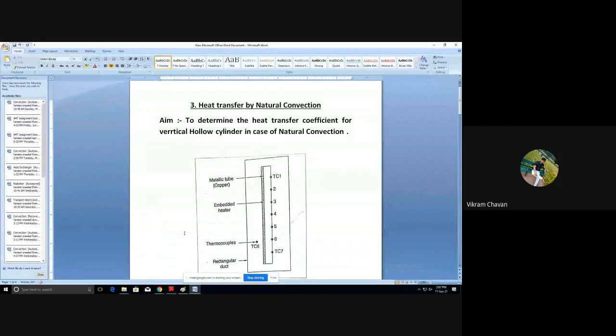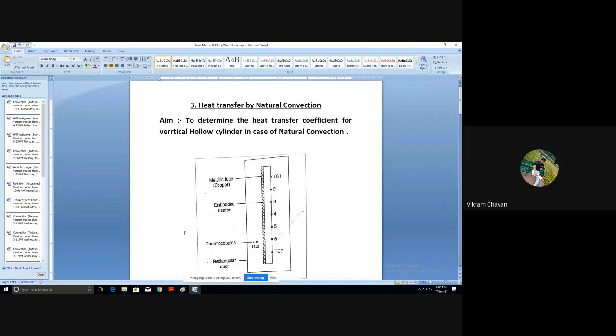In natural convection, no external agency is present to blow the air over the heated or cooled surface, and the flow of the fluid happens because of a temperature difference between the hot fluid and cold fluid, and because of that, a density difference. Because of the density difference, there will be fluid motion in natural convection.